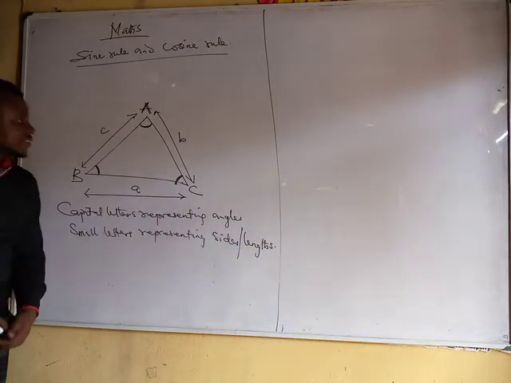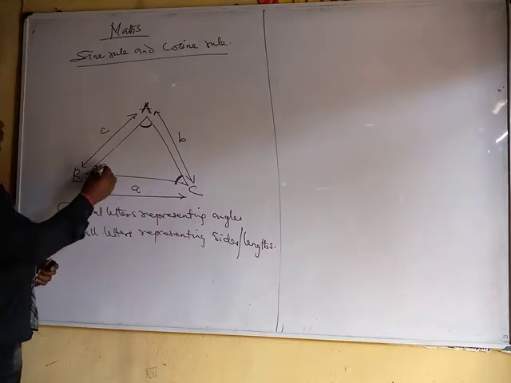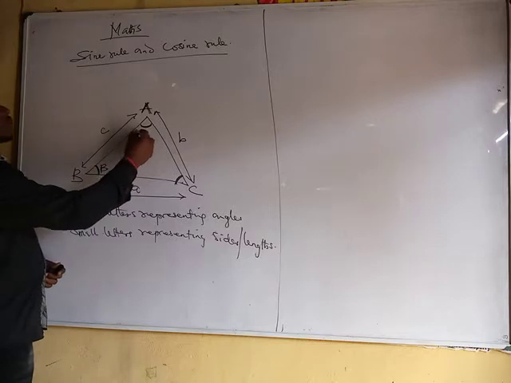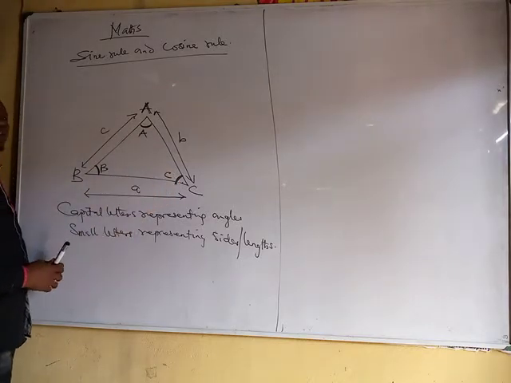Now, in this case, we have what? Capital B as an angle. This is capital A, and this is capital C. They are the angles we have.